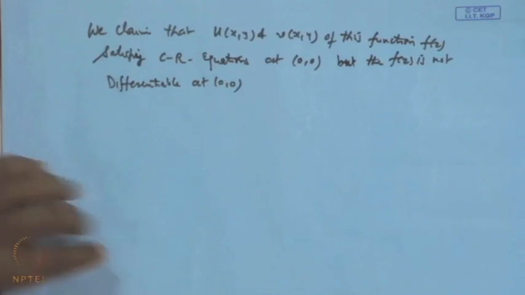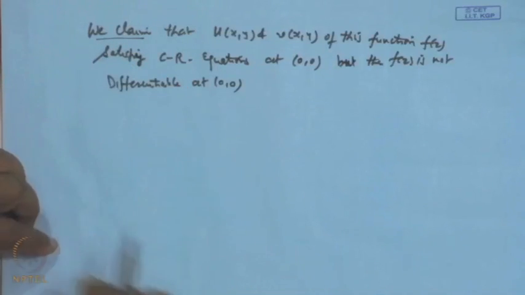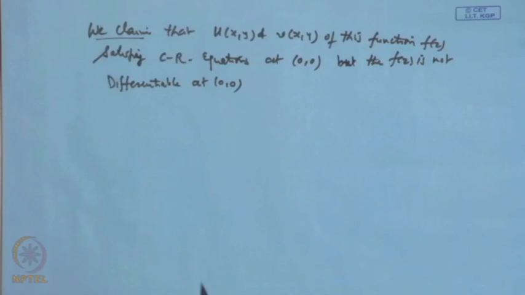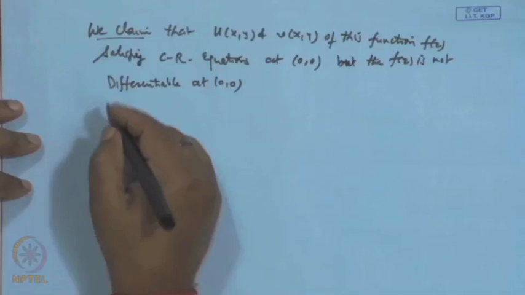This we have claimed. So, if we prove this claim, then obviously satisfying the CR equations is not good enough to say the function is differentiable. Okay. So, let us see why.